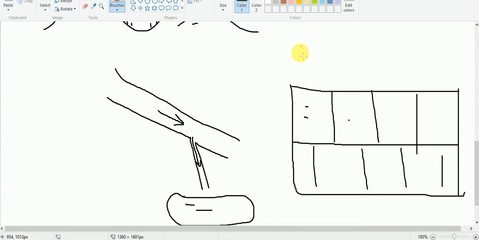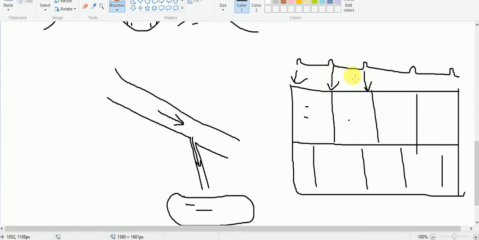So here we have to construct bunds like this: here one bund, and here is another one.